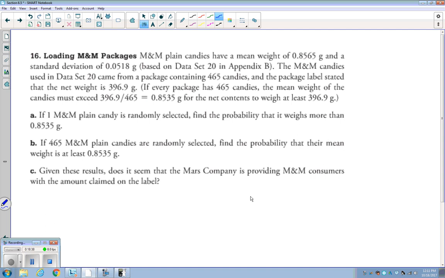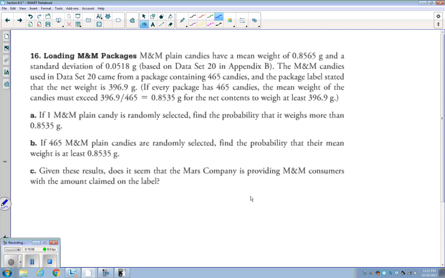So, loading M&M packages. M&M plain candies have a mean weight of 8.8565 grams and a standard deviation of 0.0518 grams. The M&M candies used in the data set, we don't even need the data set because it gave us everything, came from a package containing 465 candies. The package label stated that the net weight is 396.9 grams.